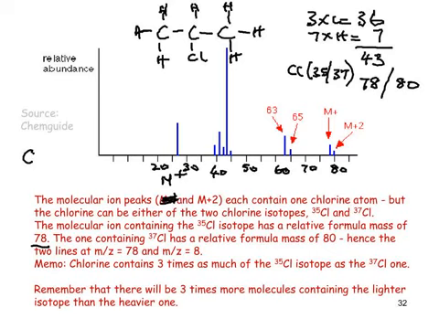Now, this here, the so-called molecular ion, is the one which you can see is the tallest. That's the most common molecular mass for the molecular ion itself. It's this molecule containing a Cl35 with an electron knocked off it, and that is your M plus ion.